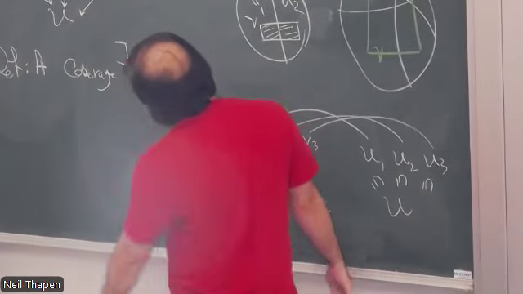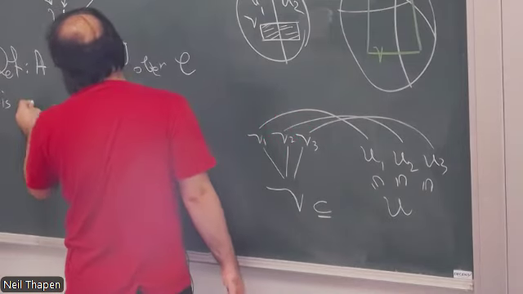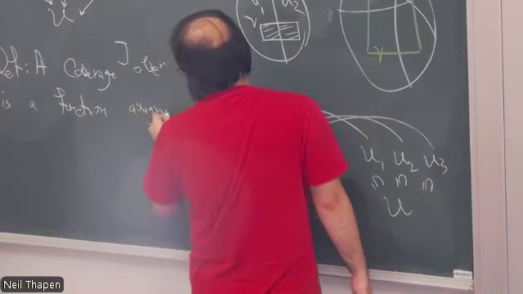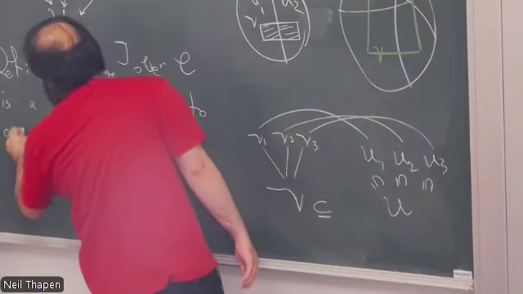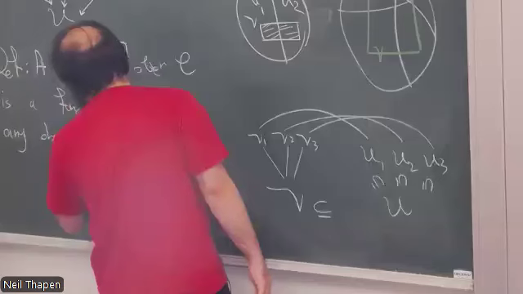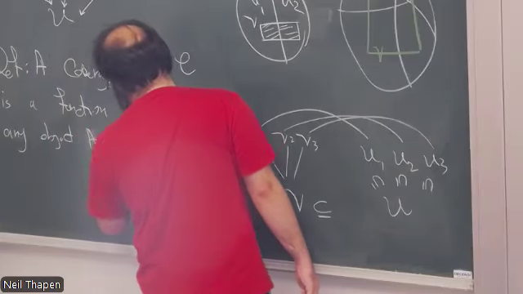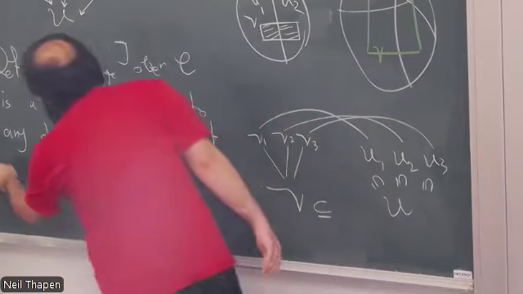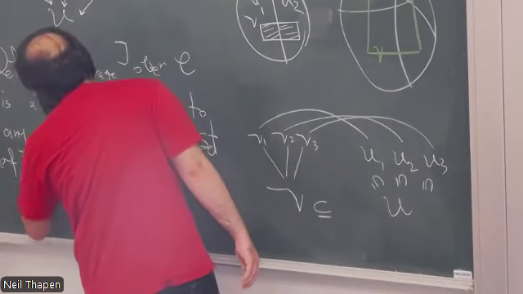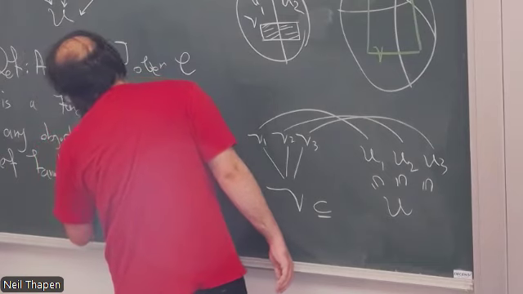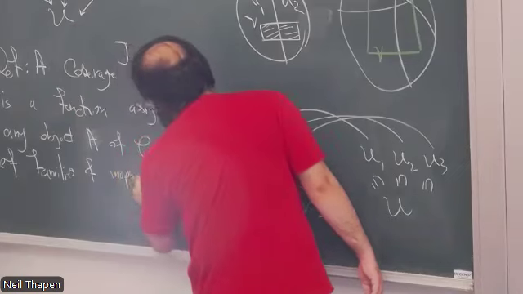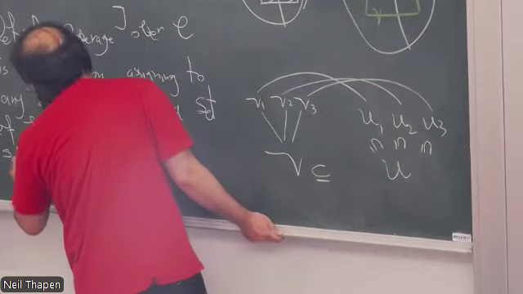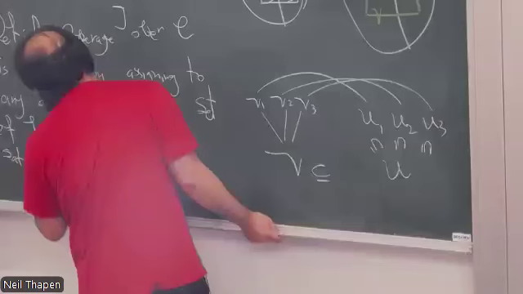A coverage J over C is a function, say, assigning to any object A, so A is my U here, A of C, a set of families of maps into A satisfying the following condition.